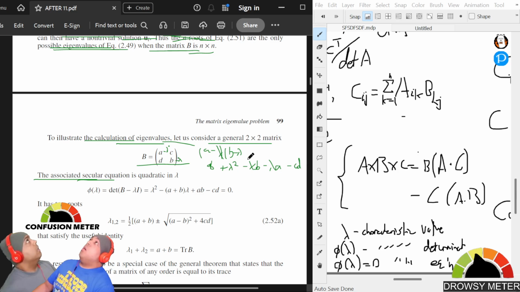So lambda squared minus the sum of A and B times lambda plus AB minus CD equals 0. It has roots.